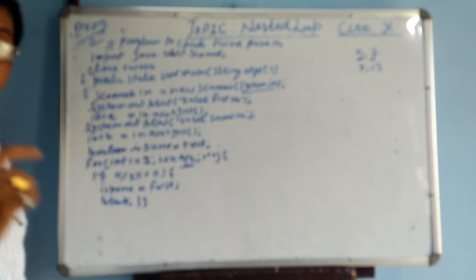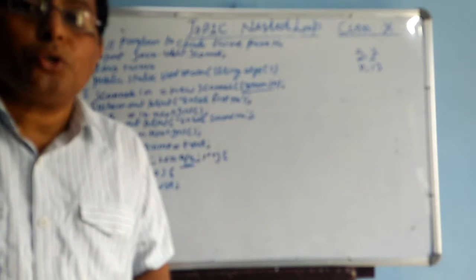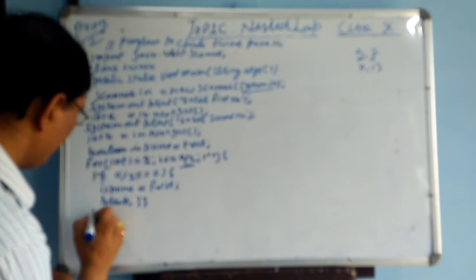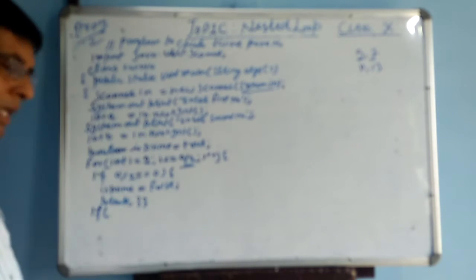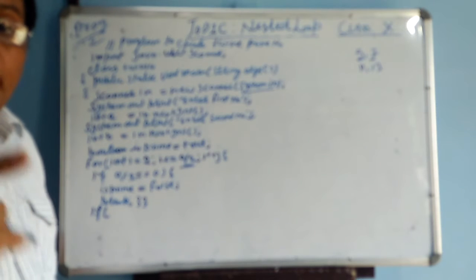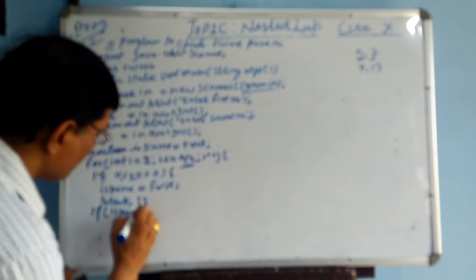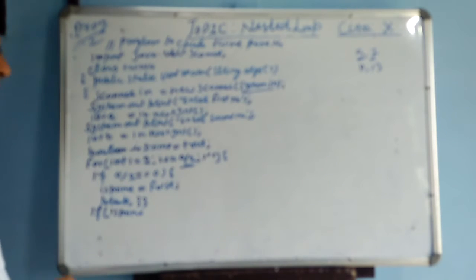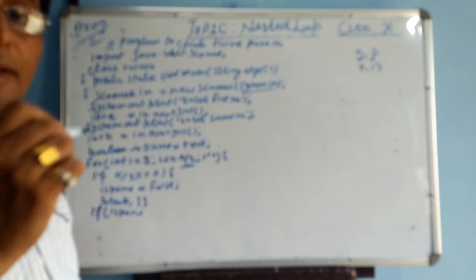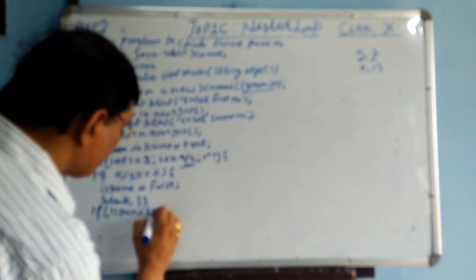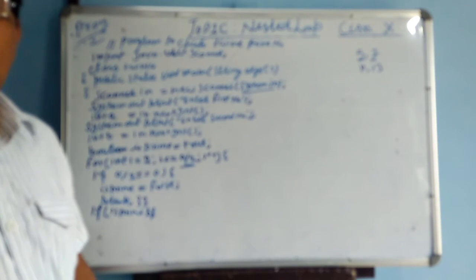Then after that what we have to do? Now if is prime, you can take any variable here, is prime, and next what will happen?